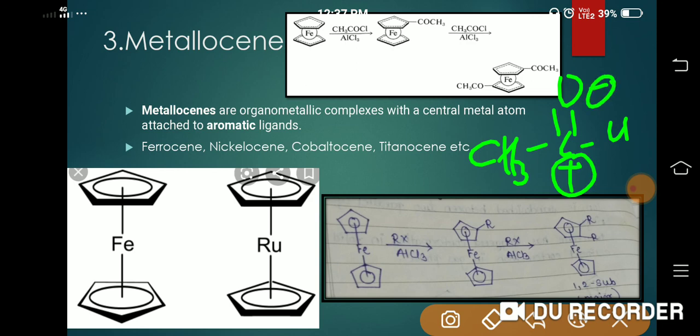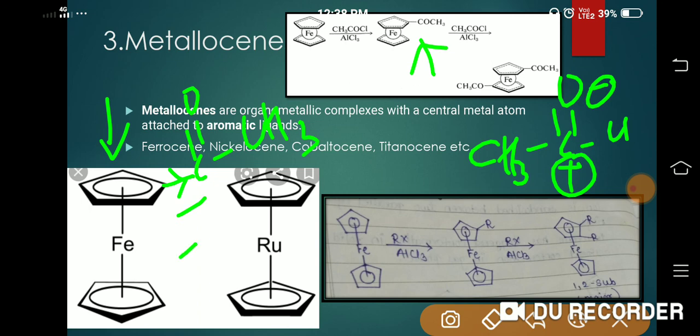When this acetyl group is connected to one Cp ring, due to its electron withdrawing nature it pulls electrons of this Cp ring towards itself, making this ring electrophilic in nature, that is, pi electrons are less available after the substitution of the acetyl group.